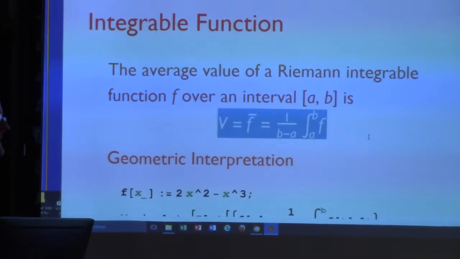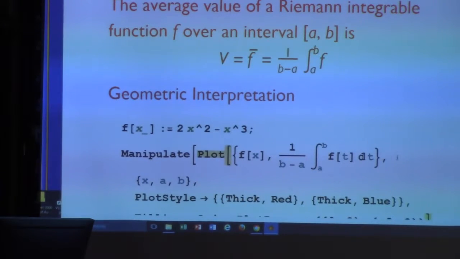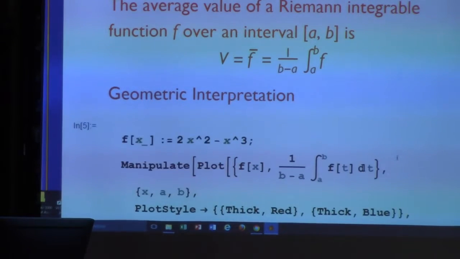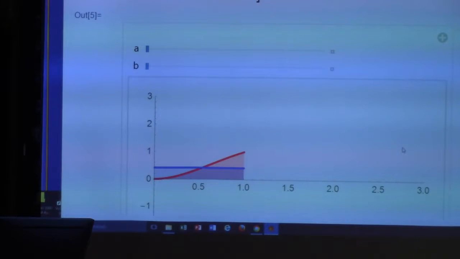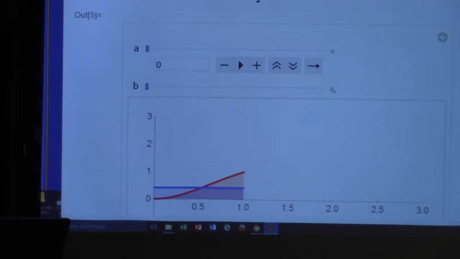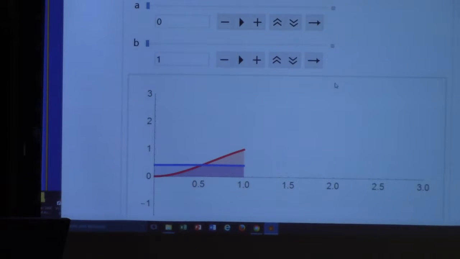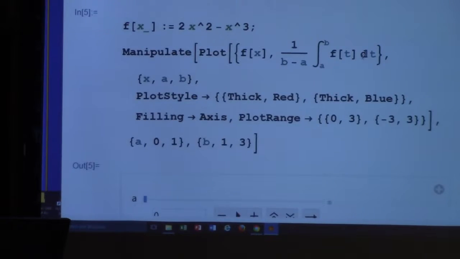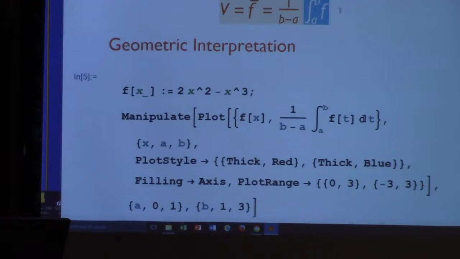Okay? This has a pretty simple geometric interpretation. The integral, when your function is above the axis, is going to be the area under the graph.